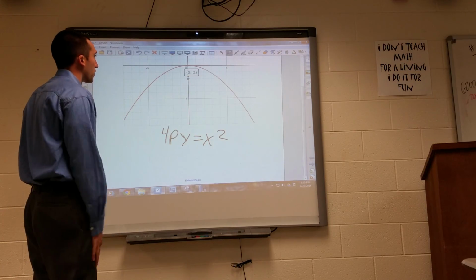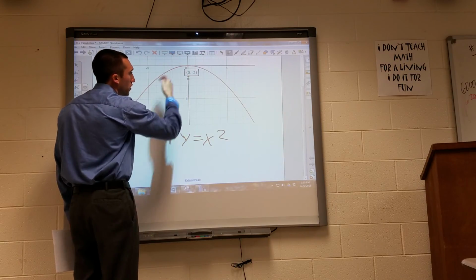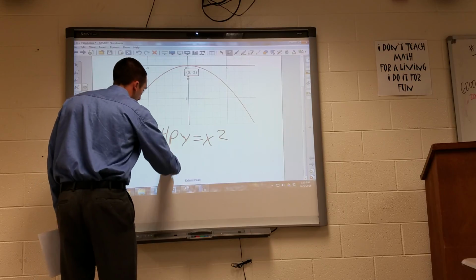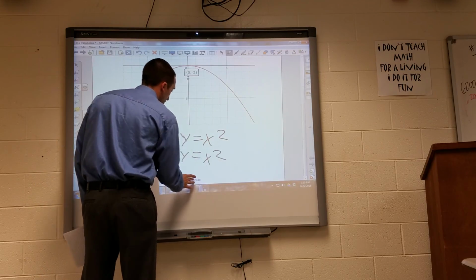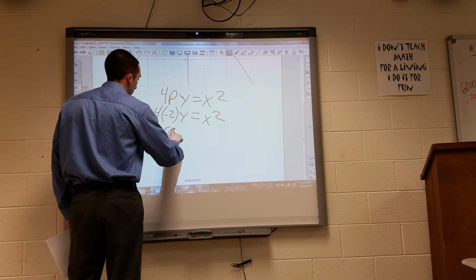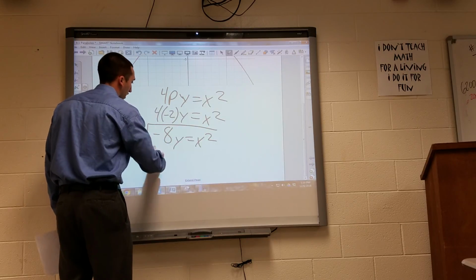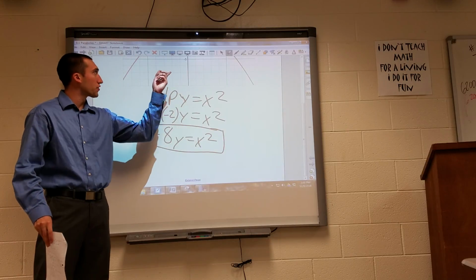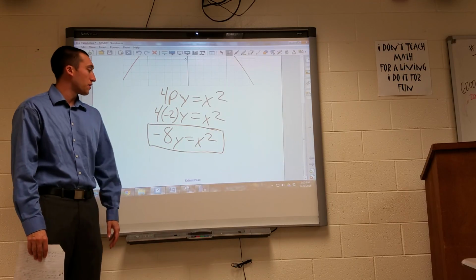Multiplication, we can do it in any order. And here, since our focus is at -2, our p is -2. So that means we get -8y is equal to x squared. And that's our standard form. And if you graph this in your calculator, you'll see you get this vertical parabola facing down.